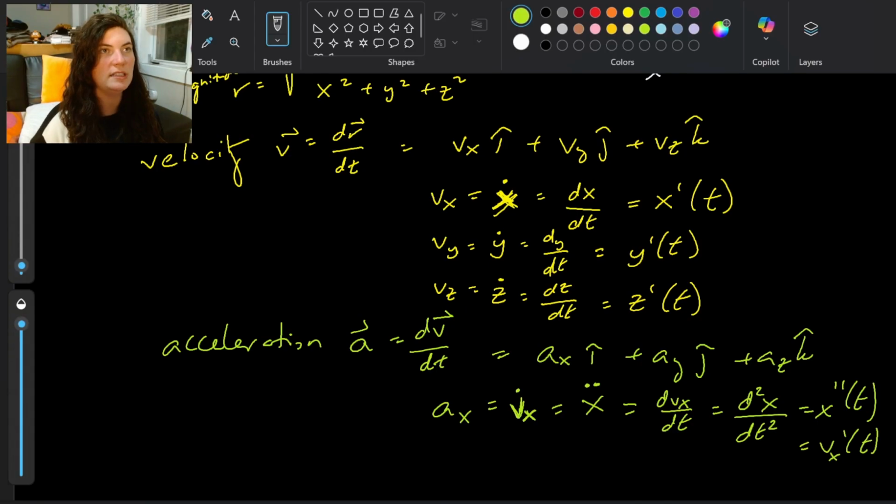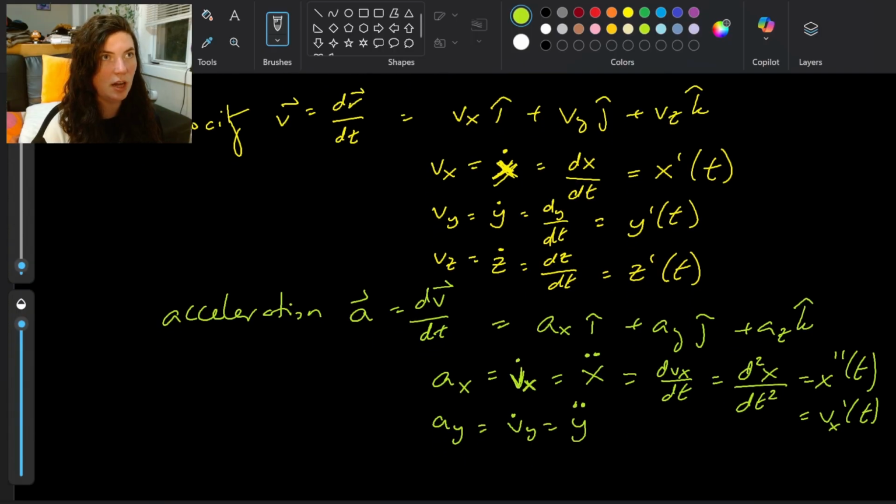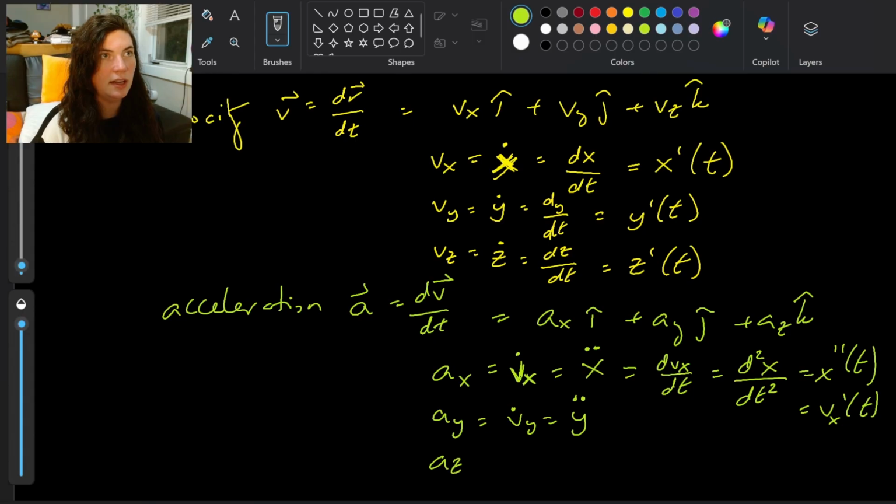Any of these, you may see in this form. So ay is v dot y, or y with two dots over it. az is v dot z, or our double dot z.